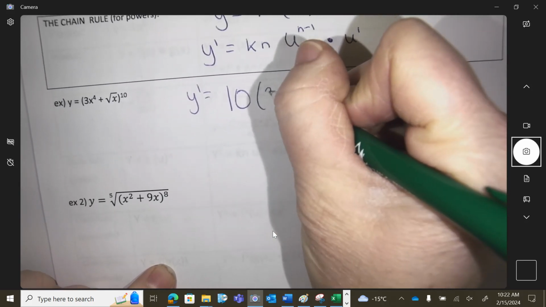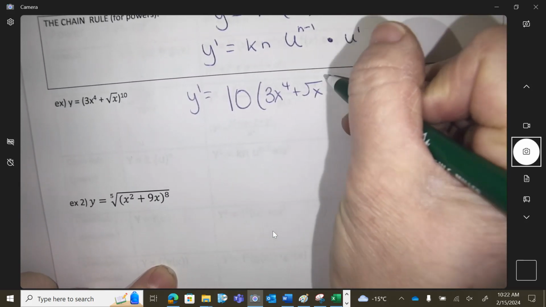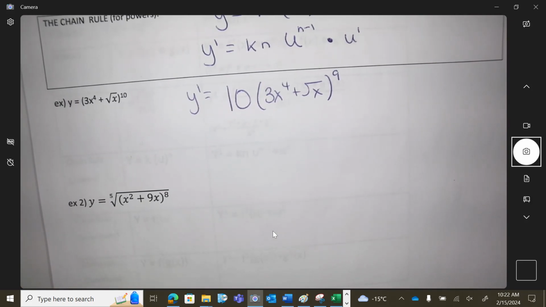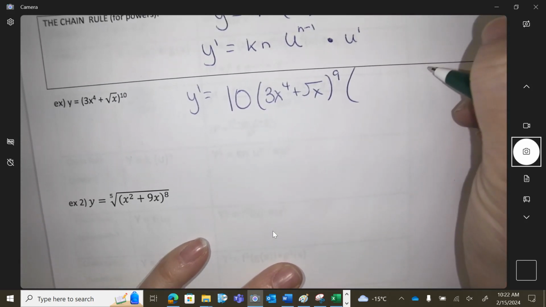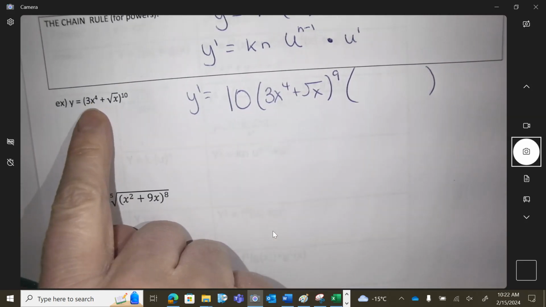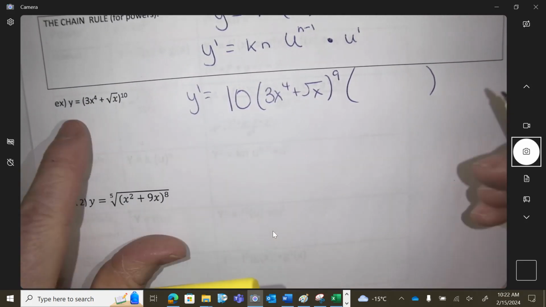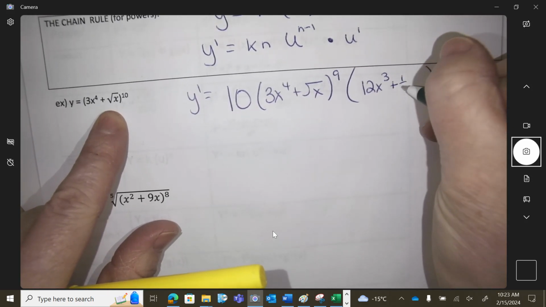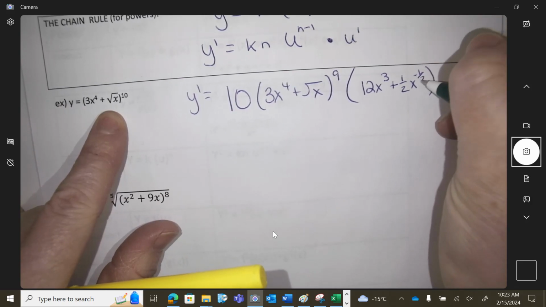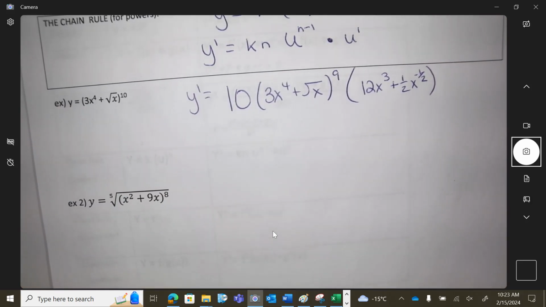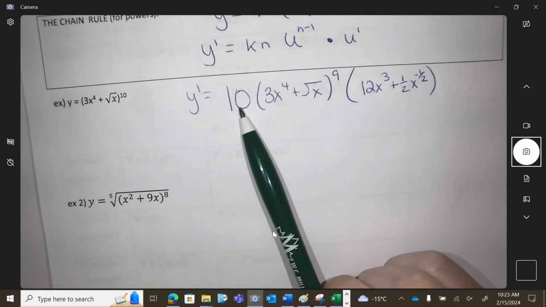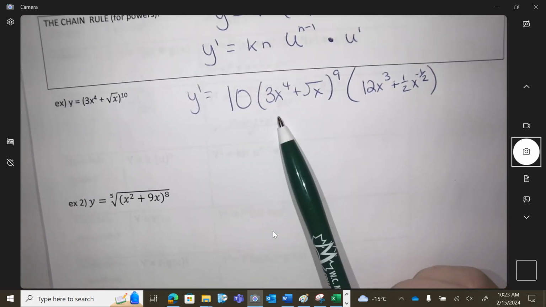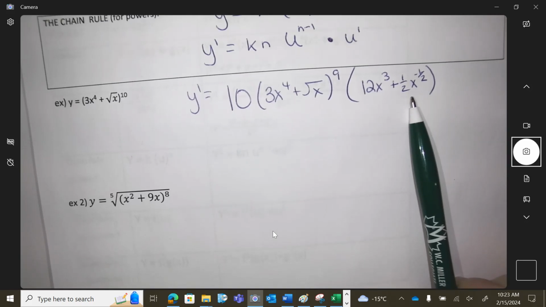So 10 of those units to the 9th, times, I need to do the derivative of that now. So 12x cubed plus a half x to the negative a half. Do you see the parts of the rule? You do the power rule, but you have to attach the unit derivative on it.